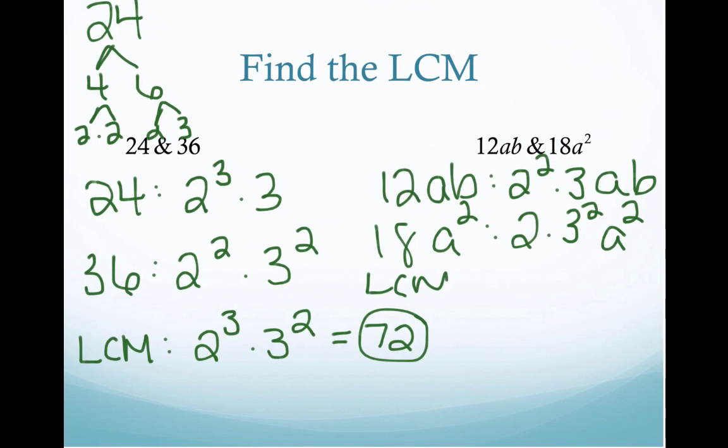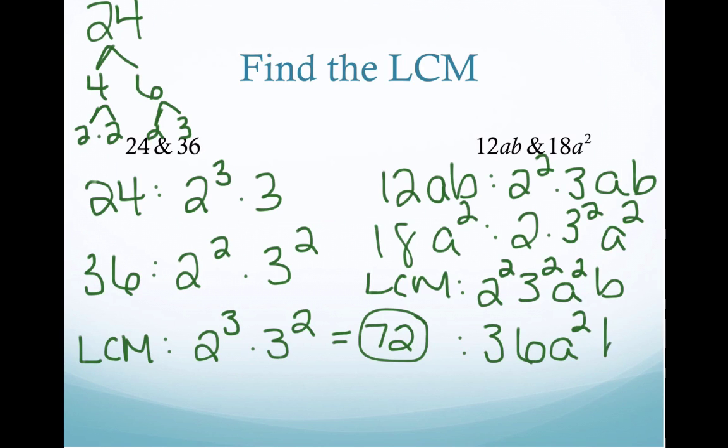So my LCM is every different type of factor. I have 2's, I have 3's, I have a's, and I have b's. The highest exponent on 2 is squared, the highest exponent on 3 is squared, and the highest exponent on a is squared. So I have 4 times 9, which is 36, a squared b.